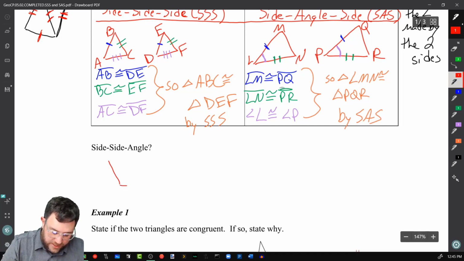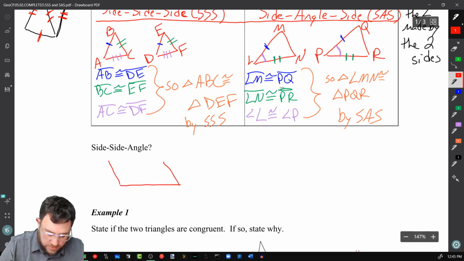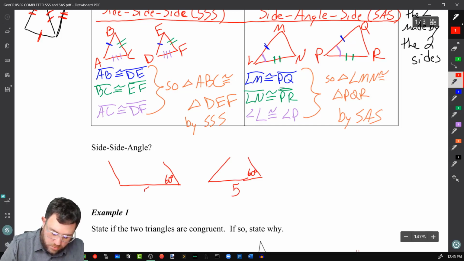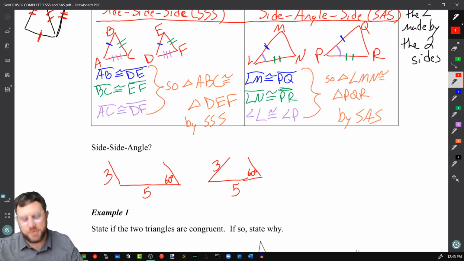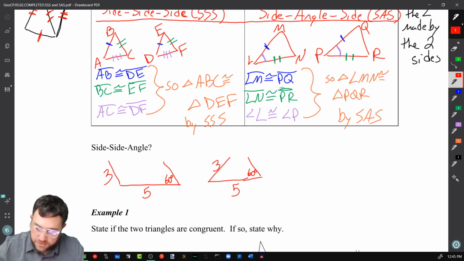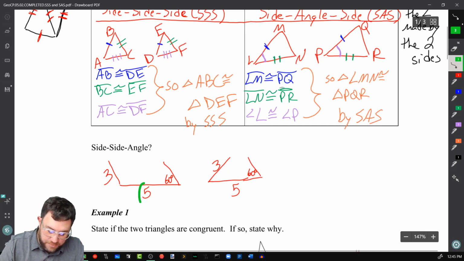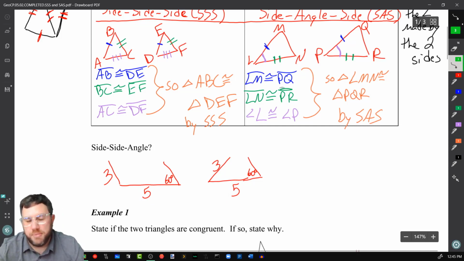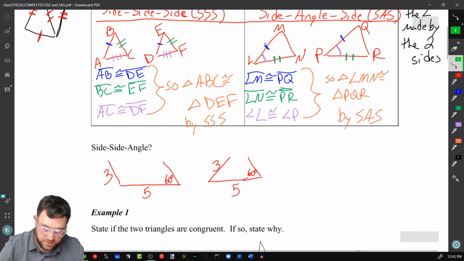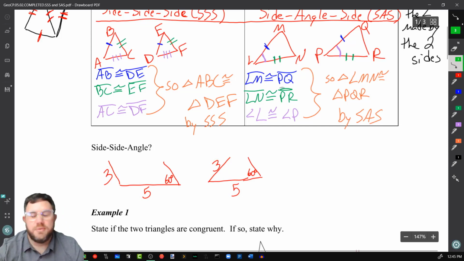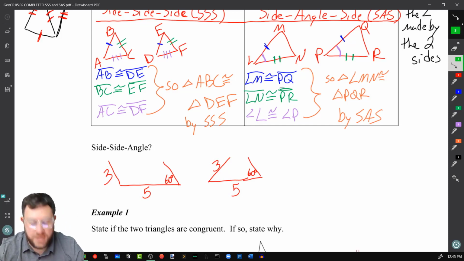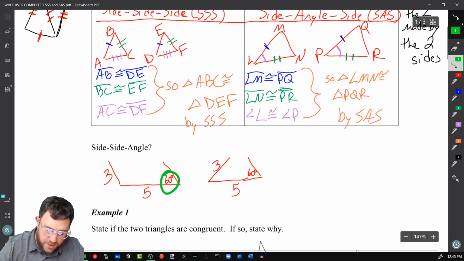Let's say I had, okay, I'm just going to draw, all right, so looking at these two figures, neither of them are triangles, but I'm trying to prove a point. Are these bottom two sides congruent? They're both labeled as 5, so yes, they're congruent. Are these two sides congruent? They're both labeled as 3, so yes, they are congruent. Are these two angles congruent?